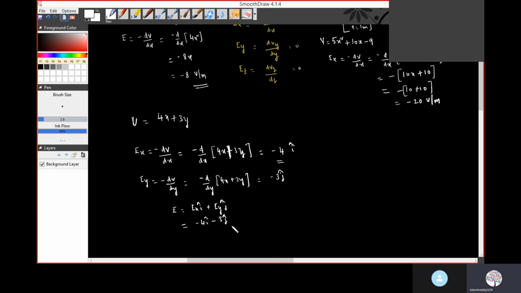As these are perpendicular, you get root of 4 square plus 3 square, that is root of 16 plus 9, that is root 25, that is equal to 5 volt per meter.